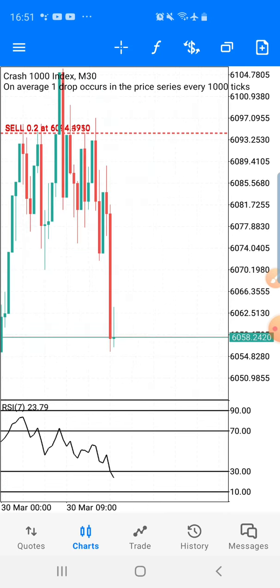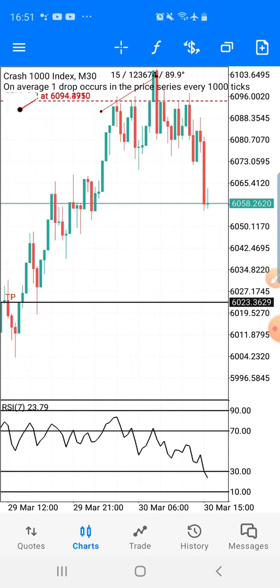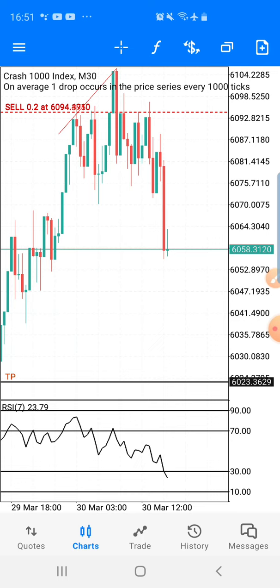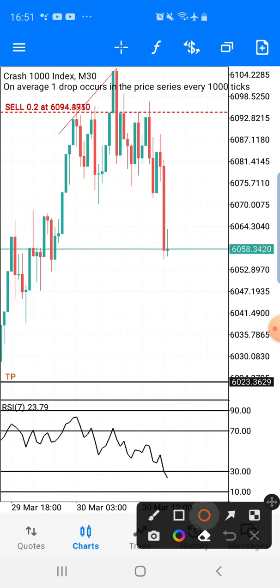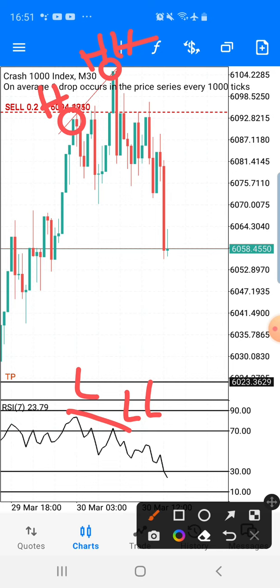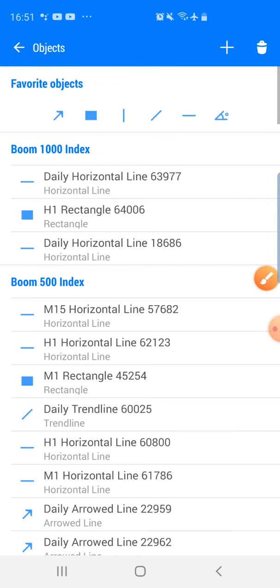All right, so if you look right here, we are having this particular movement. The price from this one is creating a higher high, which is a sign or signal of an uptrending market. Right here the price created this and this, which is a higher high. But if you look at what happened on the RSI right here, we are having a lower low, which is that divergence we are talking about.